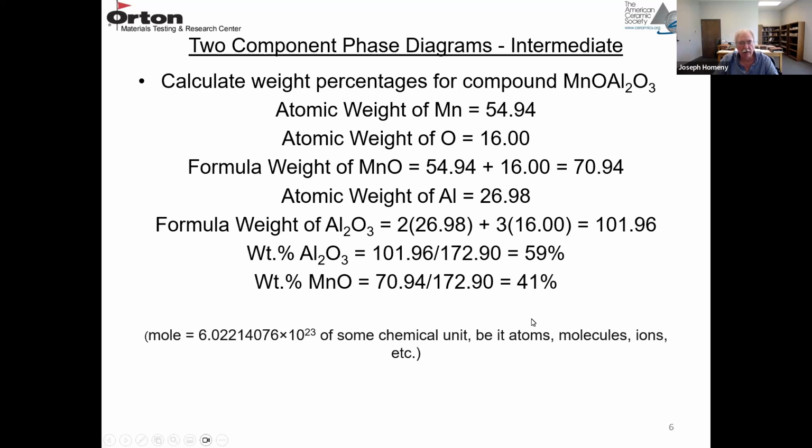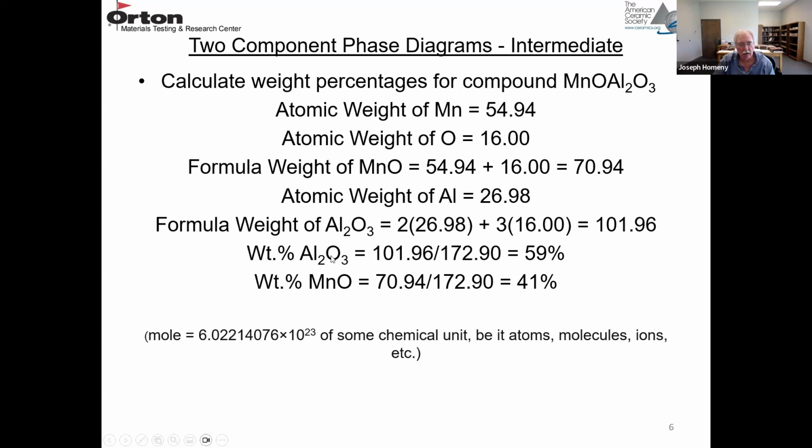The atomic weight of Mn is 54.94, the atomic weight of oxygen is 16. You add those two together for the formula weight of MnO. That's 70.94. Then the atomic weight of Al is 26.98. So Al2O3 is 2 Al and 3 O, so it's 2 times 26.98, and then 3 times 16 for oxygen, and that's 101.96.